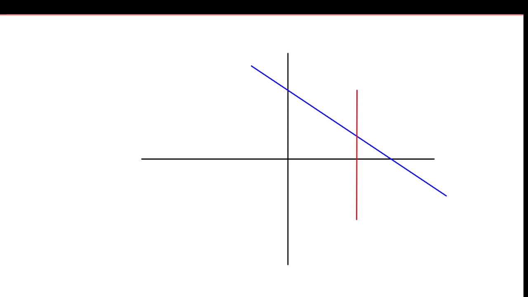So this is the x-axis, this is the y-axis, and this is the graph of the line of equation ax plus by equal to c. So this line intersects at 2 points, let this point be alpha comma 0 and this point be alpha comma beta, and take any point. Suppose this is a point, we can call it alpha comma gamma.